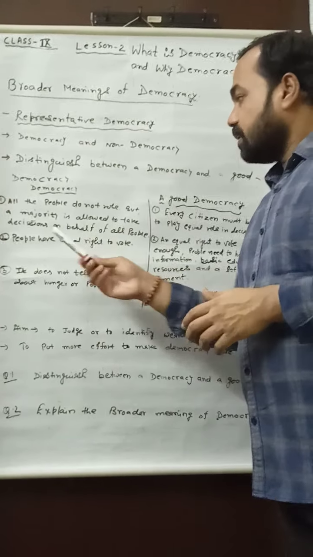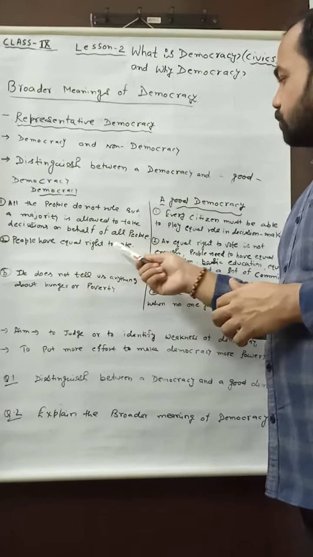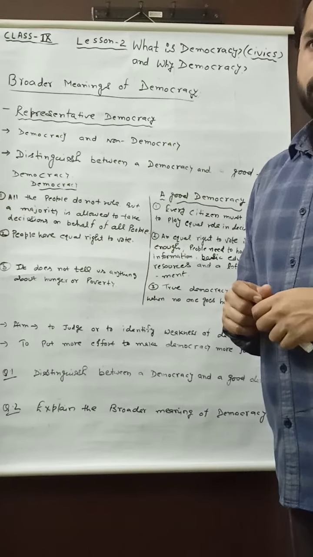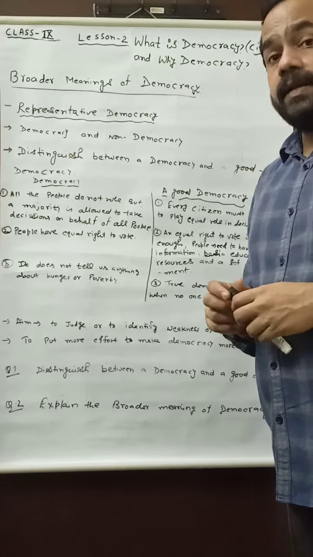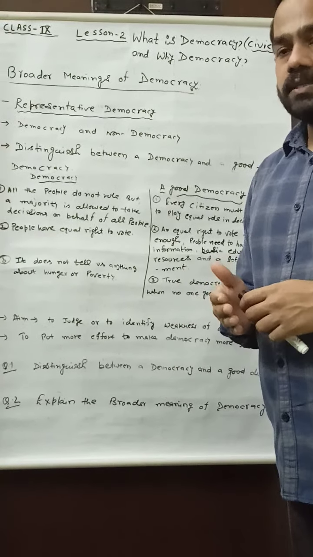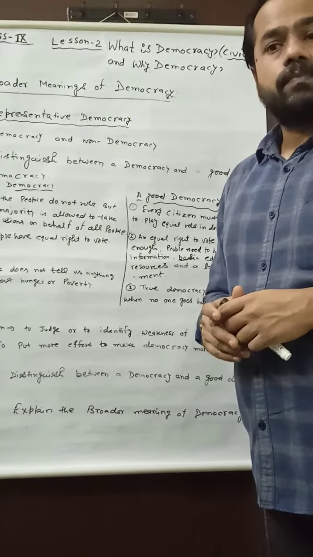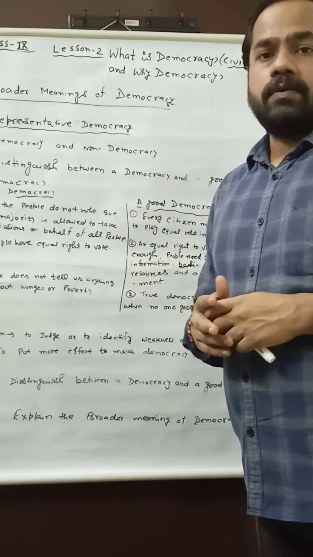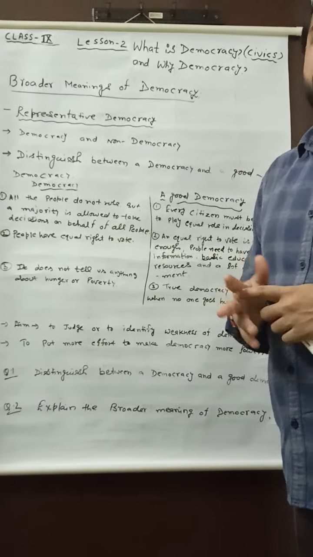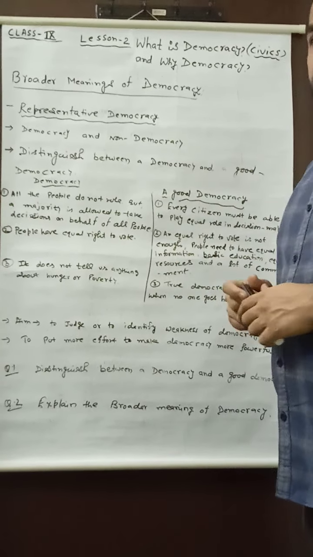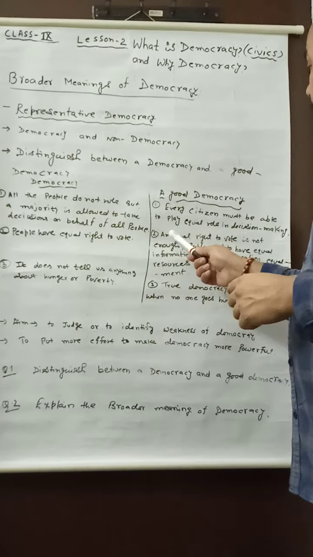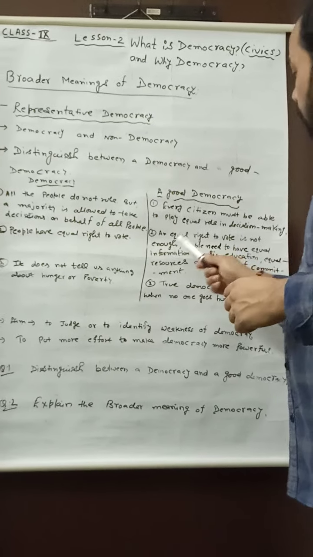Second point, people have equal right to vote, no doubt. In democracy, according to universal adult franchise, we cast our vote to elect our representative. But a good democracy tells that an equal right to vote is not enough.